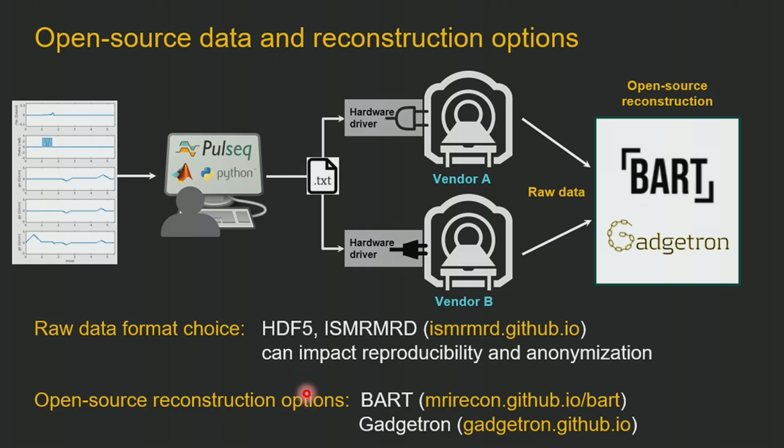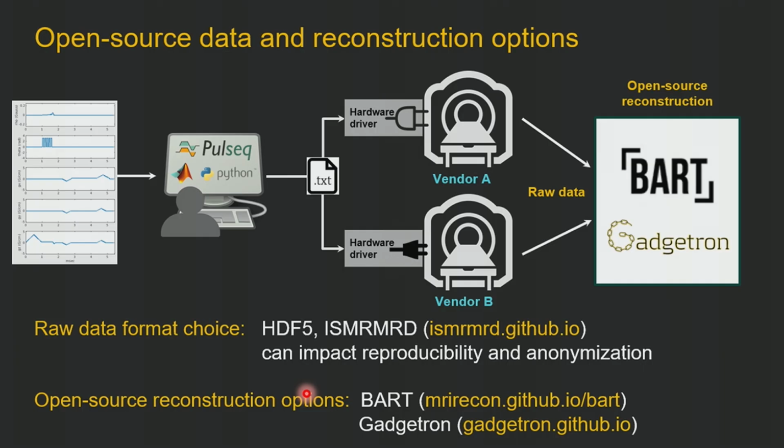Even the raw data format choice could be more shareable, more of an open standard. HDF5 is a common data format right now, just in general, but a particular instantiation of that is the ISMRM RD raw data format, which is trying to become the open science version of how you save and share raw data.